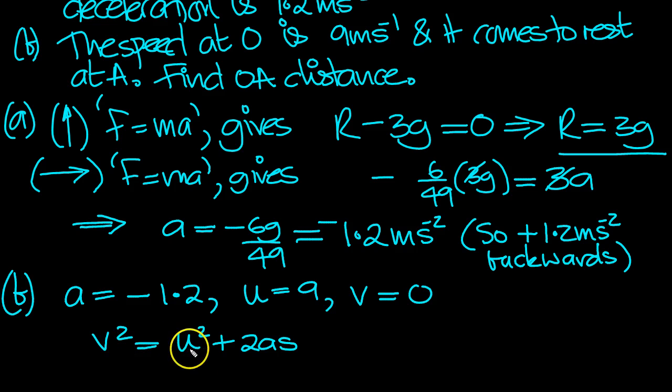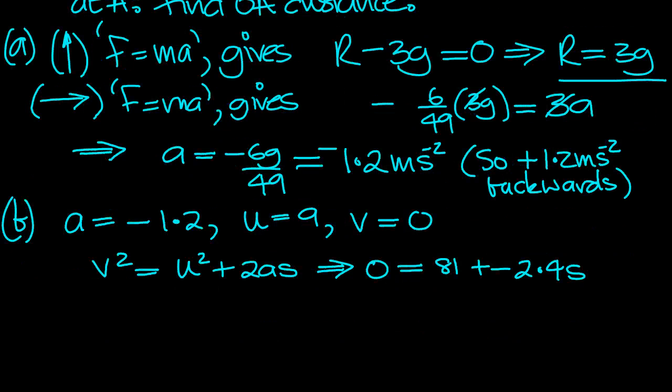Because we know v, u, and a, we can find s, the unknown. So v squared, which is 0, is equal to u squared, which is 9 nines are 81, plus 2 times the acceleration, minus 1.2 times 2 is minus 2.4, times the distance s.